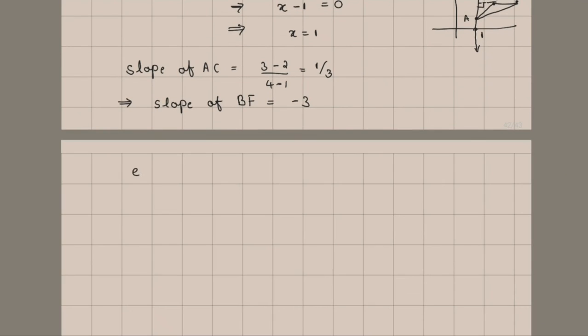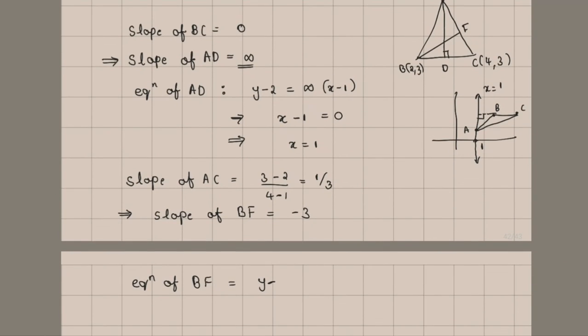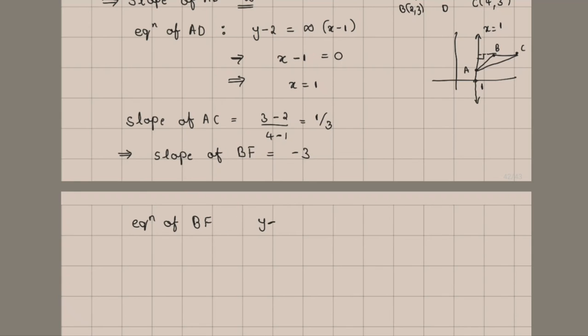So the equation of BF, with one point being B, is y minus 3 equals minus 3 into x minus 2, which gives 3x plus y minus 3 into minus 3... which is 6. If you take 6 to the left side, it gives 3x plus y minus 9 equals 0.